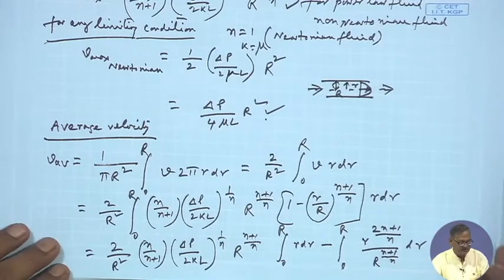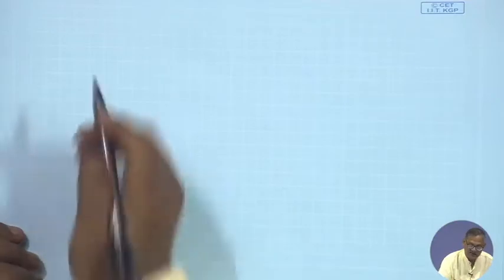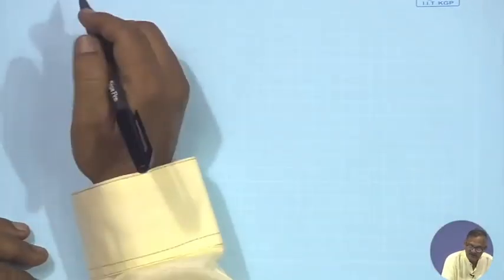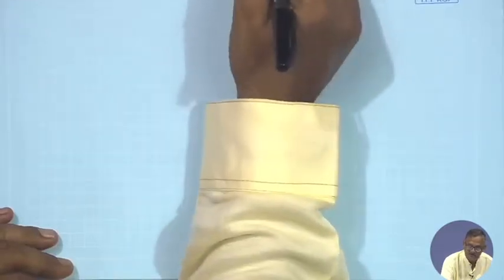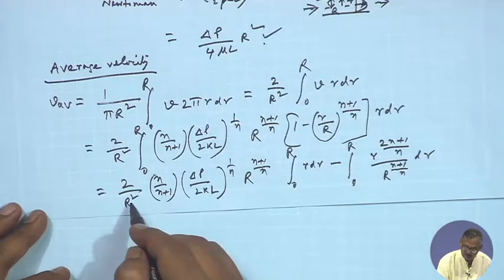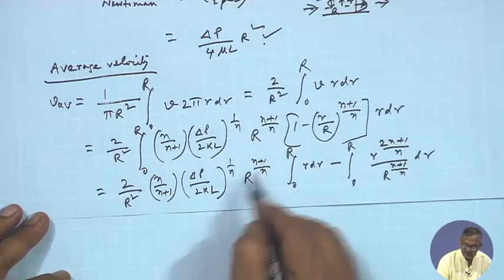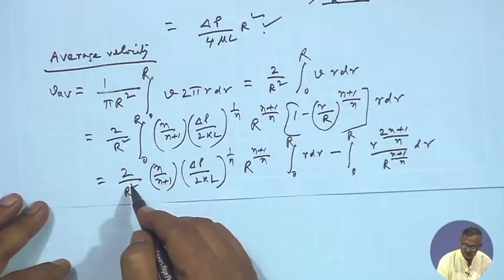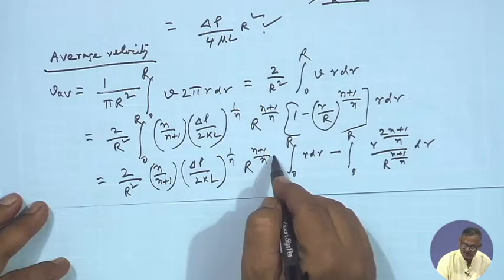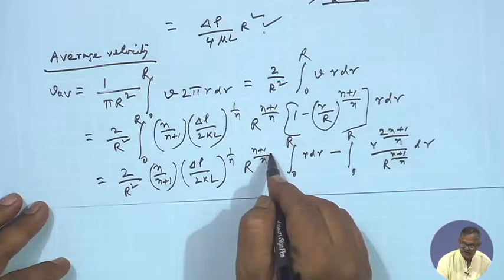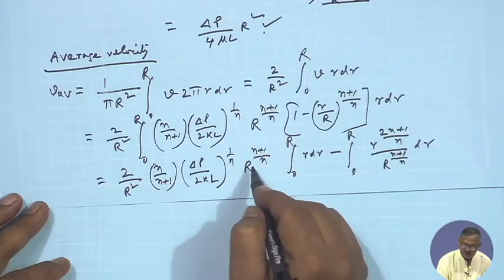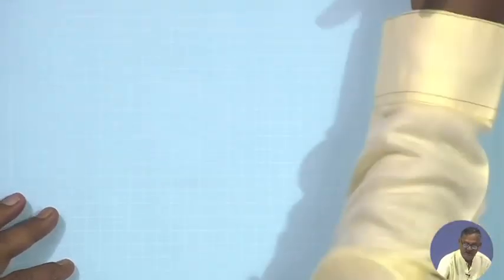So, on simplification we can write that this is equal to... this r square goes with this, so it is r to the power minus 2, right. So, minus 2n, that is 1 minus n, right, by n, r to the power 1 minus n by n.